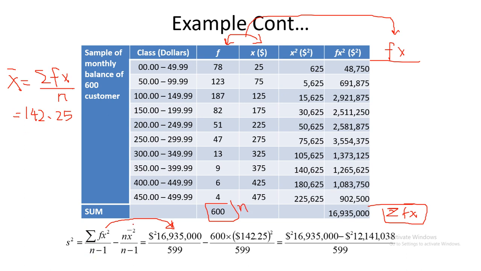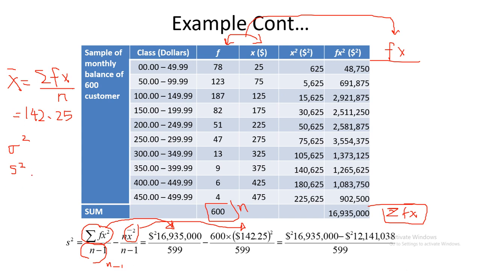So now we just replace the value of x bar. We replace the value of summation x square. Okay, x bar is here. And divided by n minus 1, we got this one. For population variance, we divide by n. For sample variance, we divide by n minus 1. That's the difference between sample and population variances. So population variance is sigma square, sample variance is written as s square.